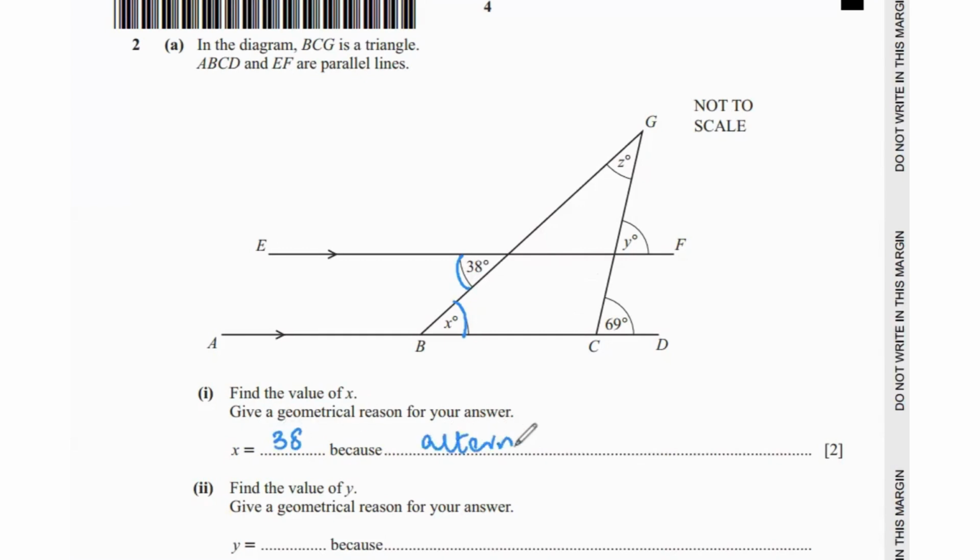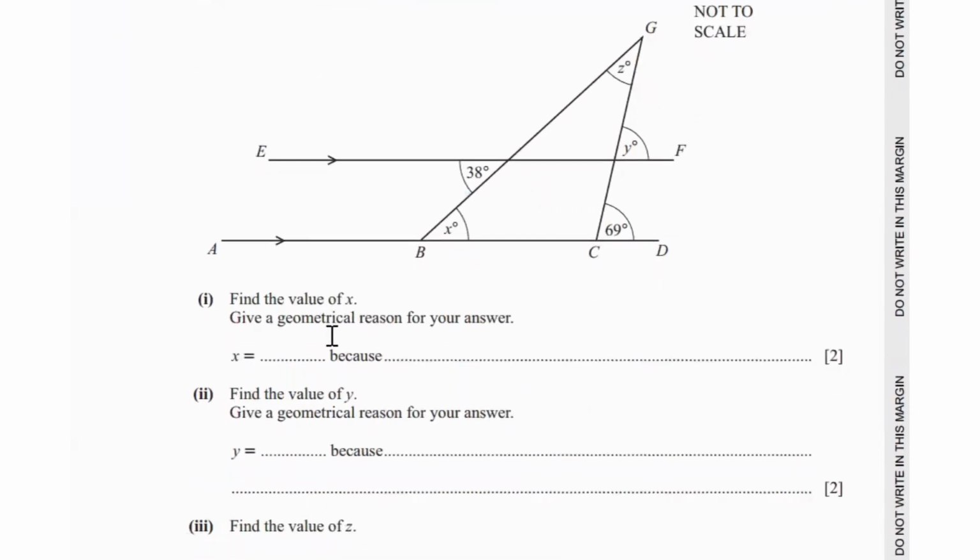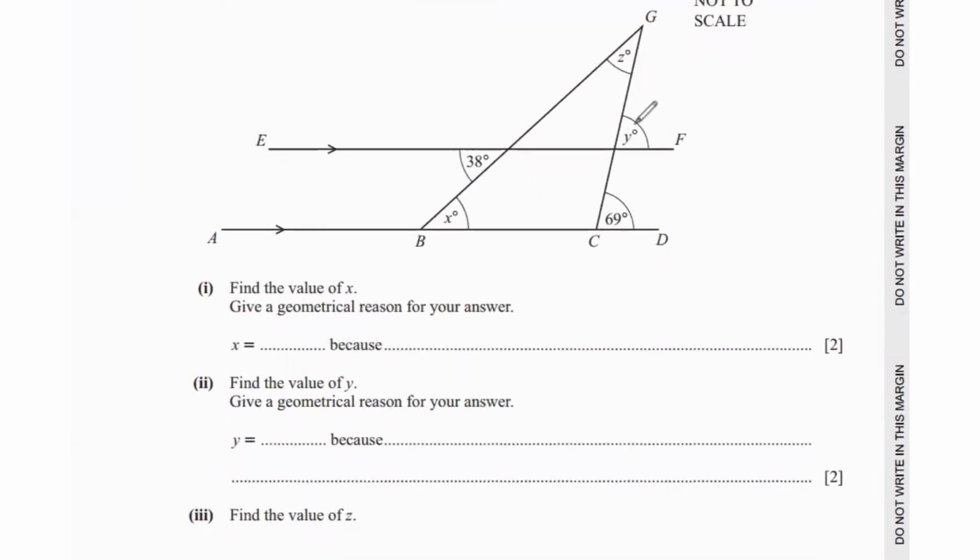Because alternate angles are equal. Then find the value of y. So for y, y and 69 are equal because corresponding angles are equal.